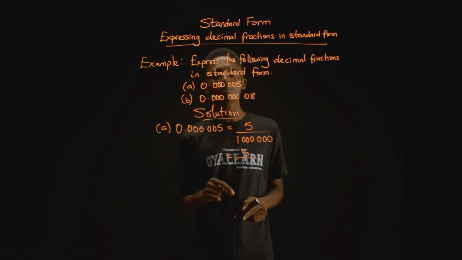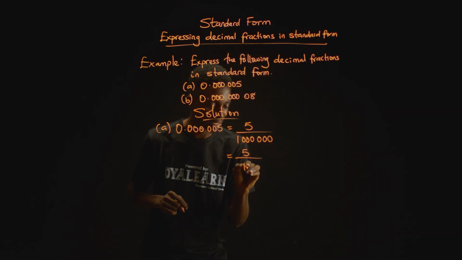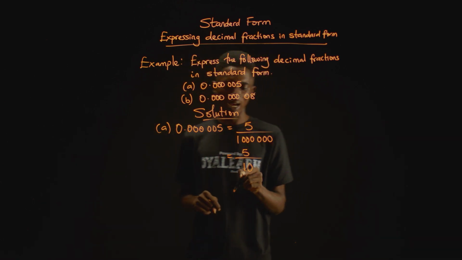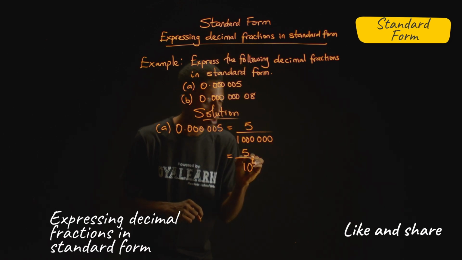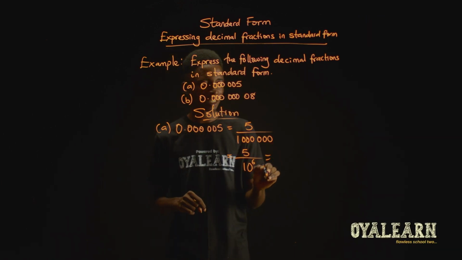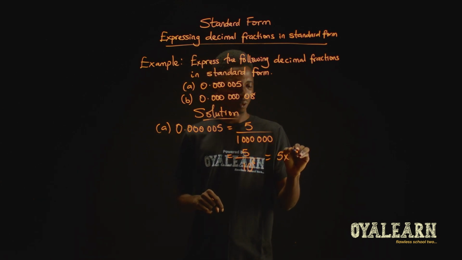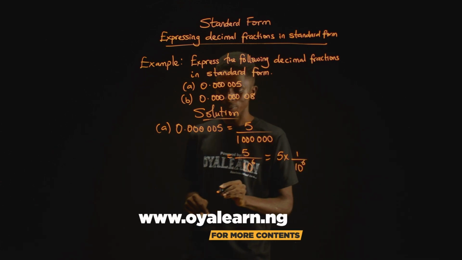Now we write this 1 million in index form. To do so, we write the number 10 and then give it a power based on the number of zeros we have here. And since we have 6 zeros, that will mean we have 10 with the power of 6, which can then be expressed as 5 multiplied by 1 over 10 raised to the power of 6.